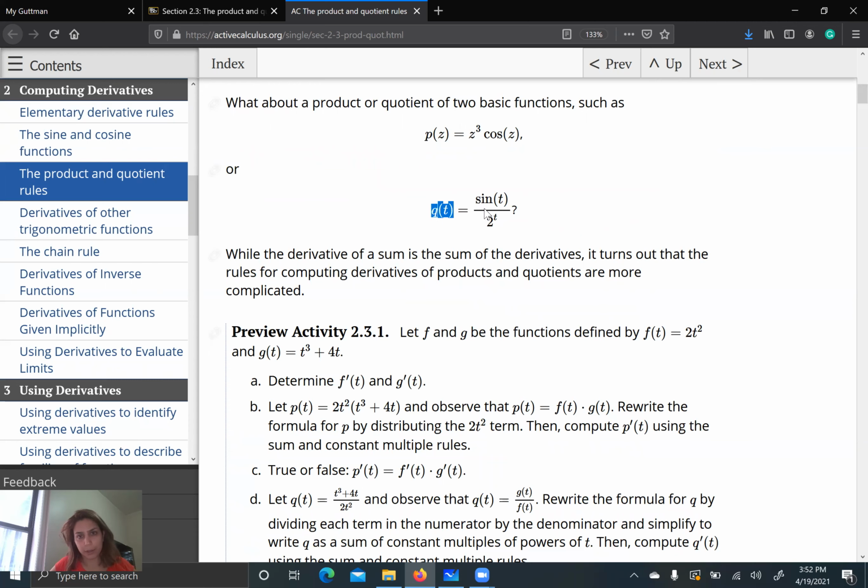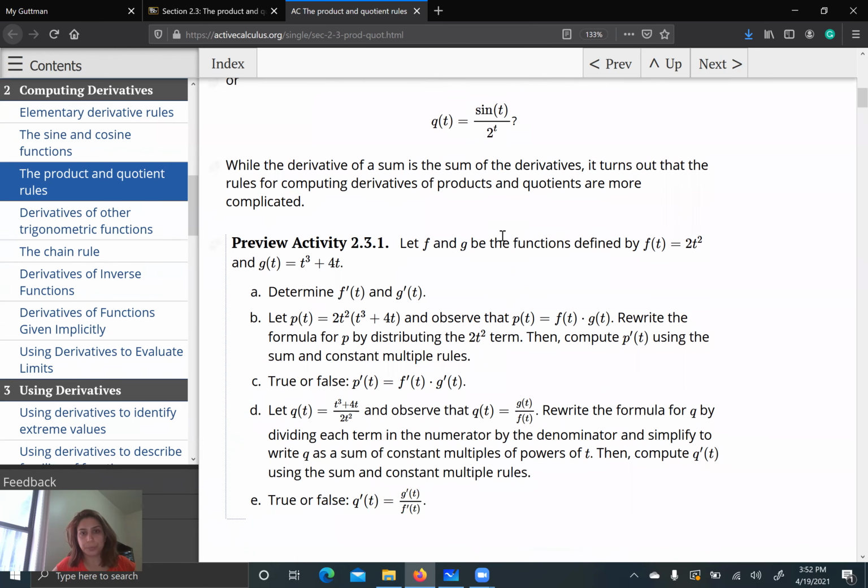Or what about this function? Here we have sine of t divided by 2 to the t. So on this division, the numerator is a trig function, the denominator is an exponential function. And other than the limit definition of the derivative, we haven't learned a rule that gives us a shortcut to take the derivative of a quotient function such as this.